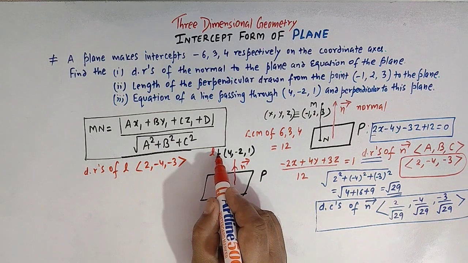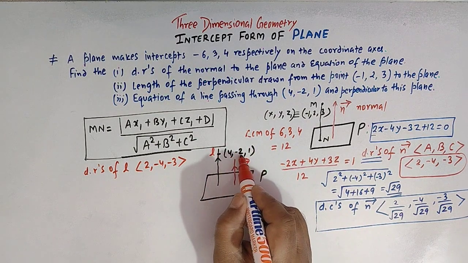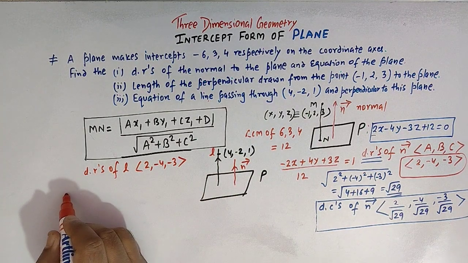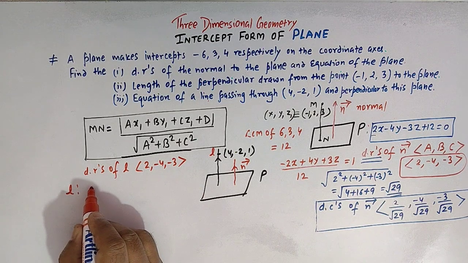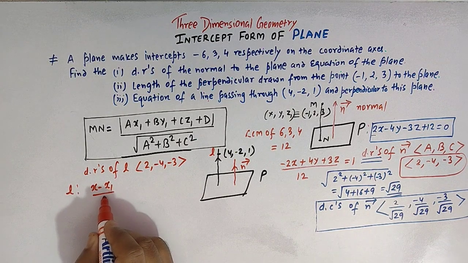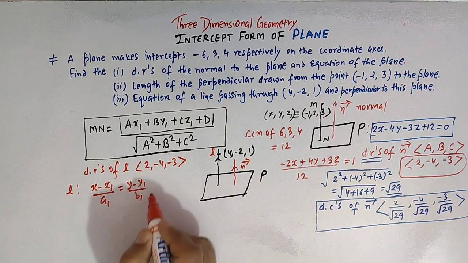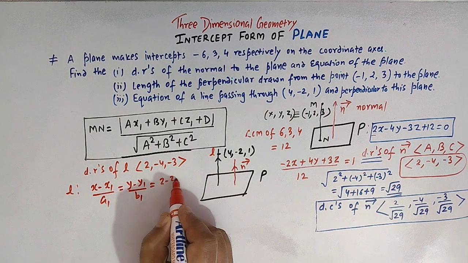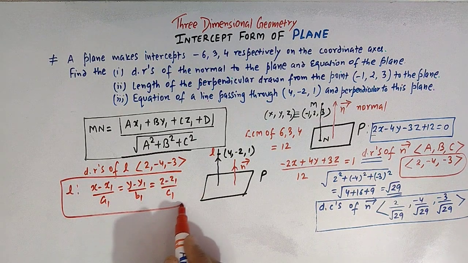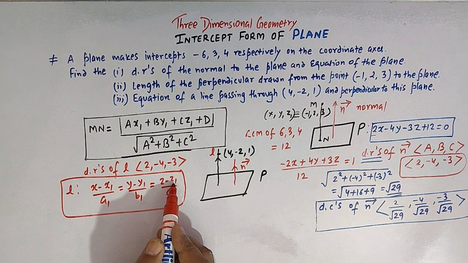And since this line L passes through this point 4 comma minus 2 comma 1, then the equation of such a line can be written like this: x minus x1 over a1, then y minus y1 over b1, and z minus z1 over c1, right? So this is the equation of any line which passes through x1 y1 z1, right?